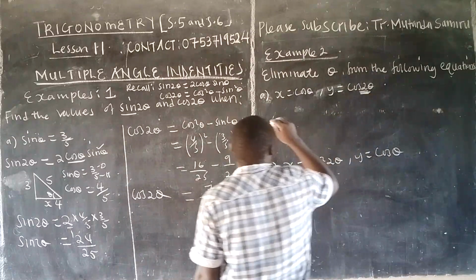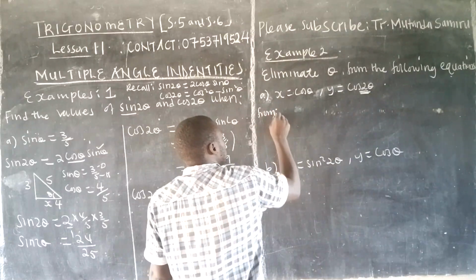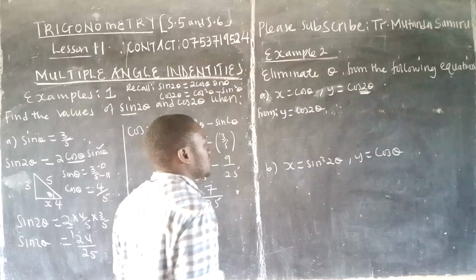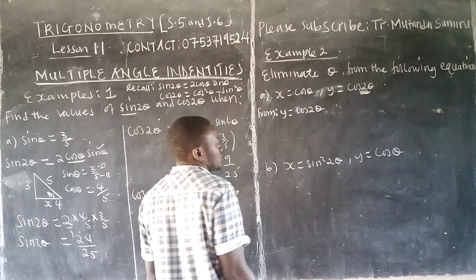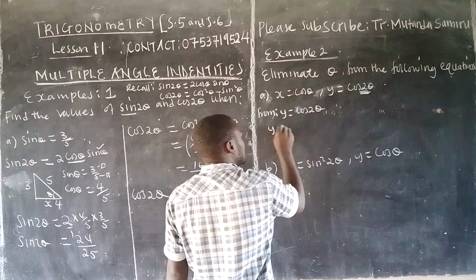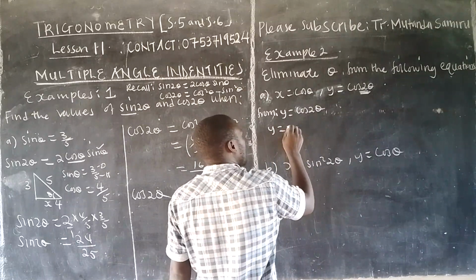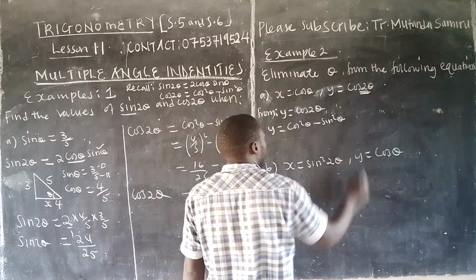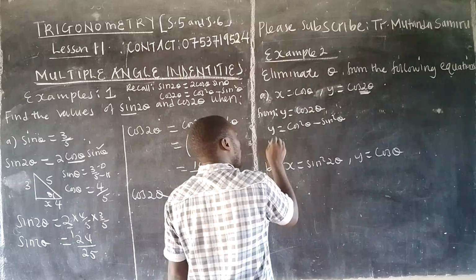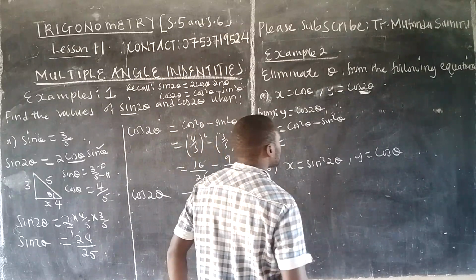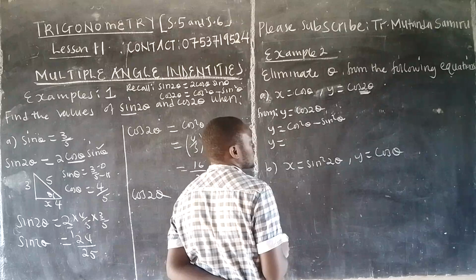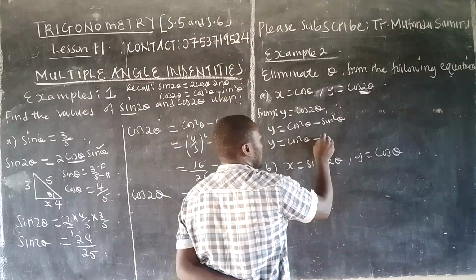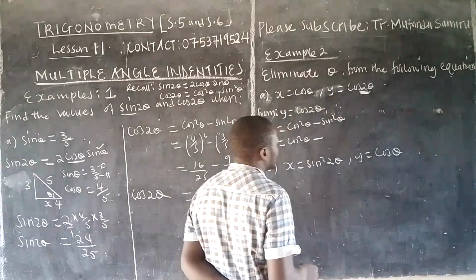So start with this. From our y is equal to cos 2 theta, let's put the identity for this. Our identity is cos squared theta minus sine squared theta. So y is equal to cos squared theta minus, or maybe from the identities, let's just go direct.